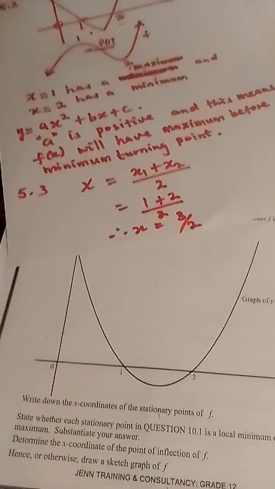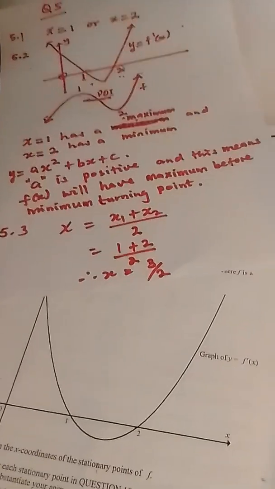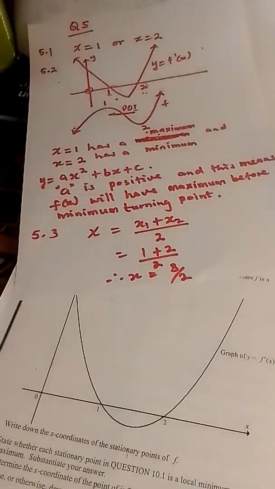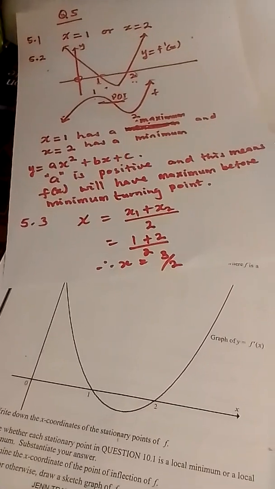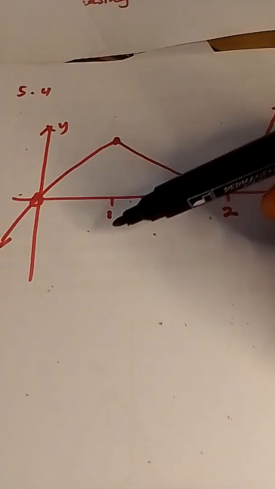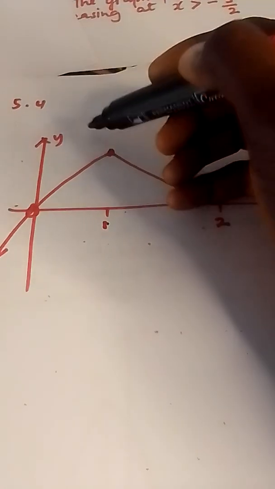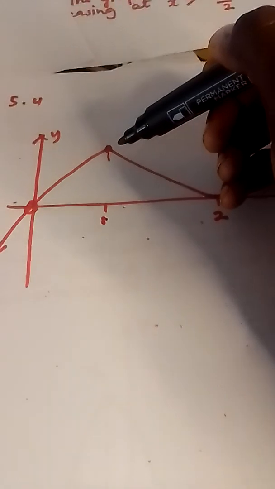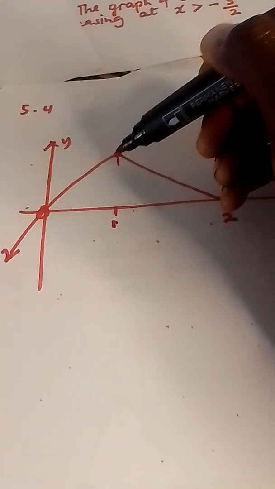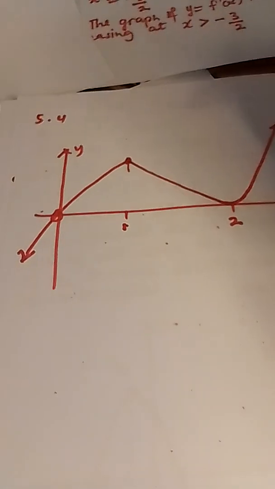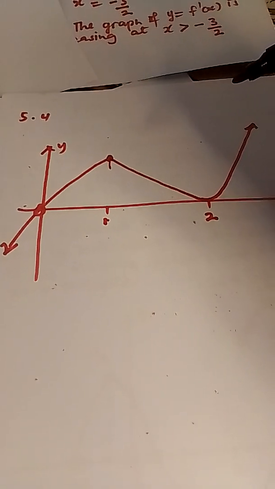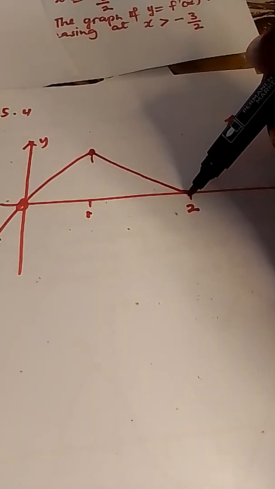We were told also that the graph is going to have a maximum turning point at x equals 1 and a minimum turning point at x equals 2. So when I translate it here, my 1 is here. So my maximum turning point, I move up a bit, it is not drawn to scale. I push it up and I put my point here. And then I also look at my other turning point, which is at x equals 2 here.